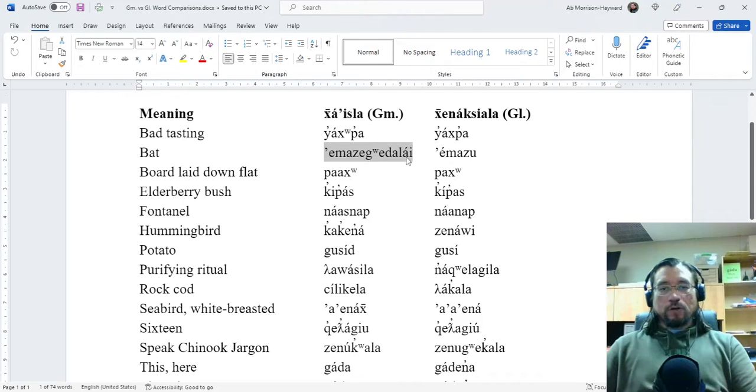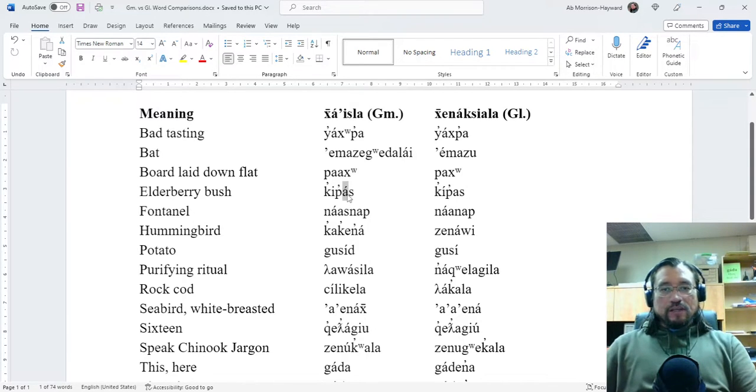Sometimes the xaisla word is longer than the Kitlope Kamano word. The next one means elderberry bush or elderberry plant. In xaisla, it's kipas. In xenaksiala, it's kipas. So the difference is where this accent goes.